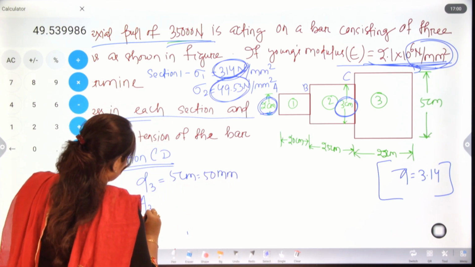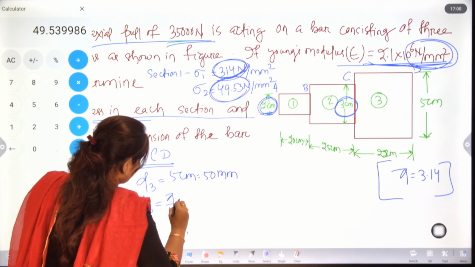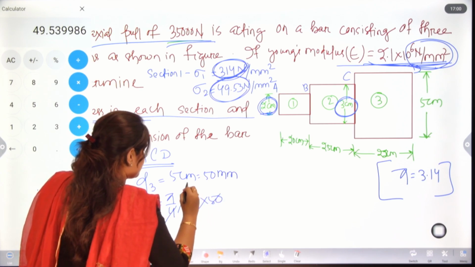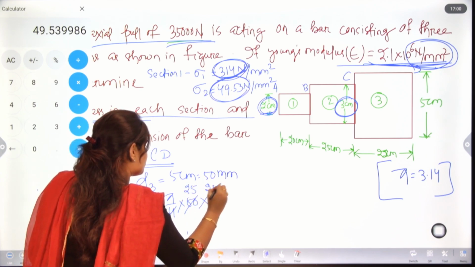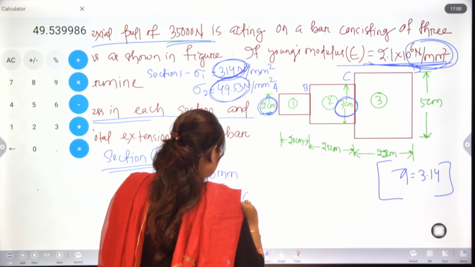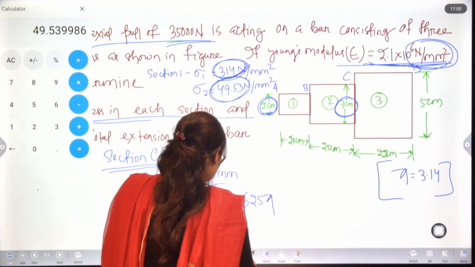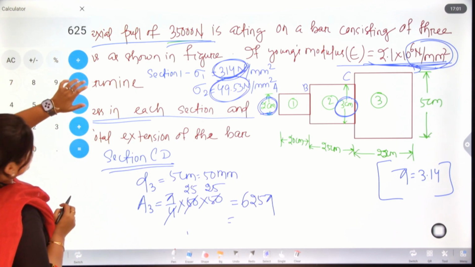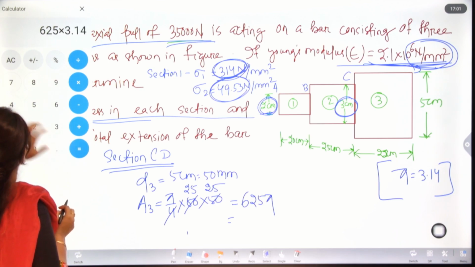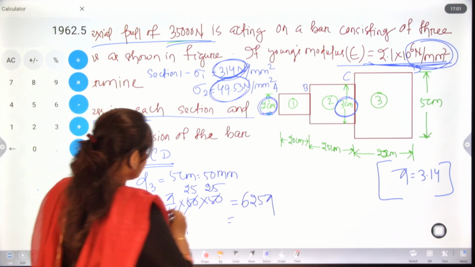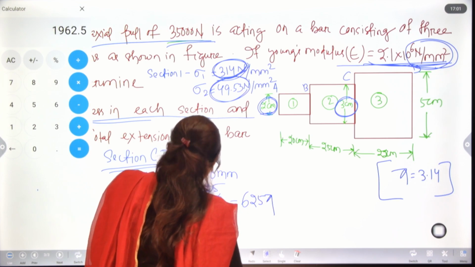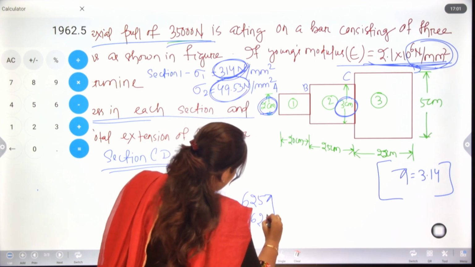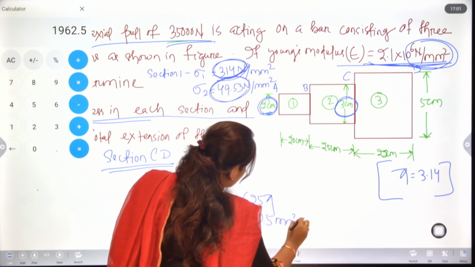So, area 3 will become pi by 4 into 50 into 50. So, 625 pi. Here, your area 3 is 1962.5 mm square.